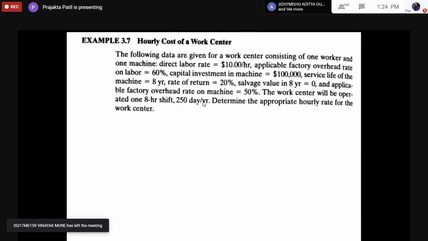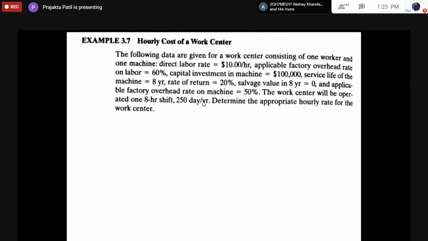Salvage value in 8 years is 0. Applicable factory overhead rate on machine is 50%. The work center will be operated one 8-hour shift, 250 days per year. Determine the appropriate hourly rate for the work center.